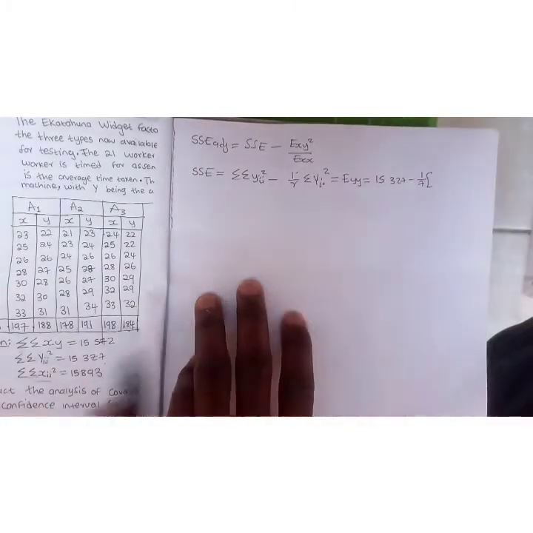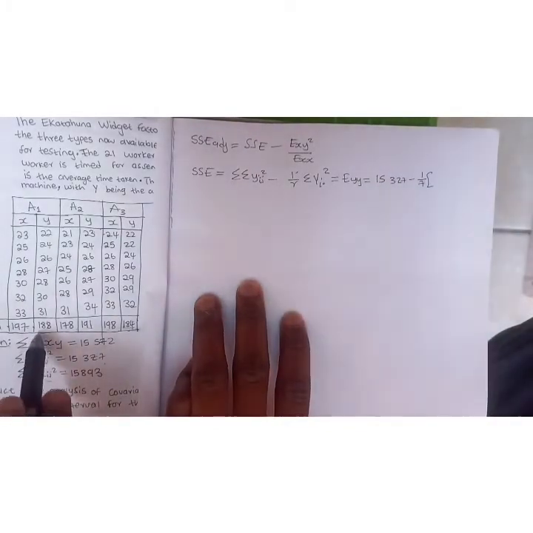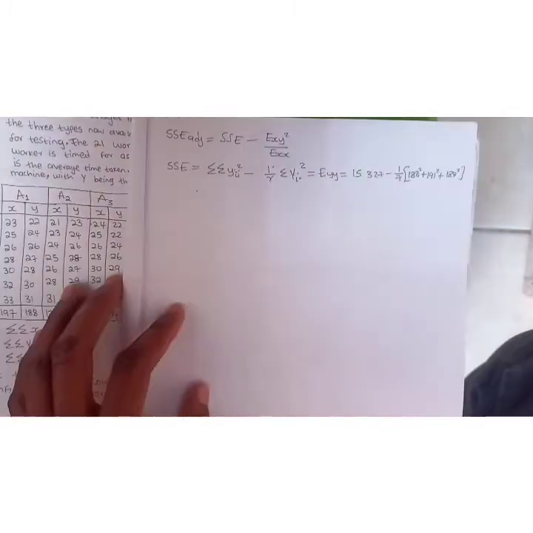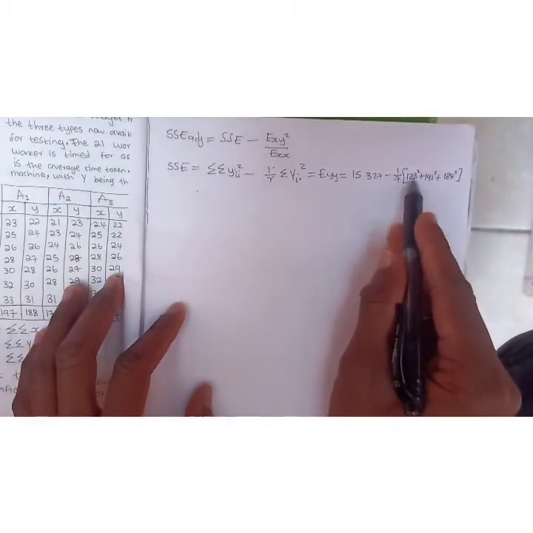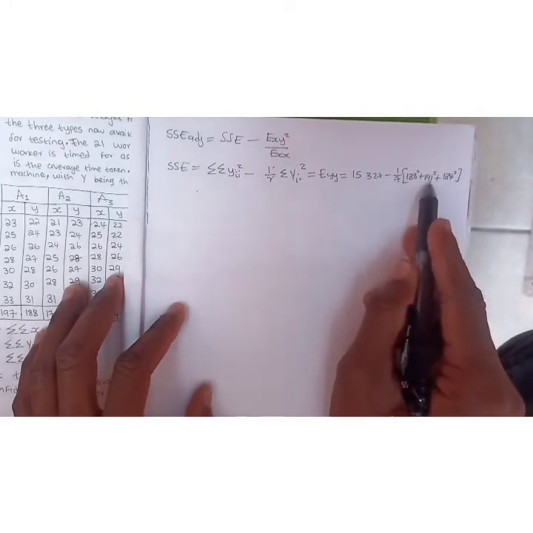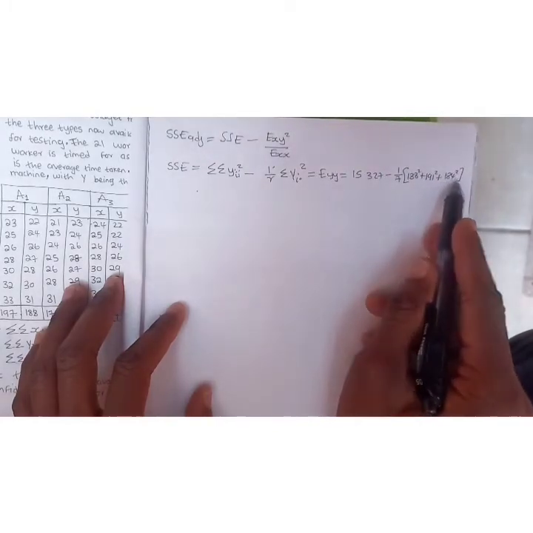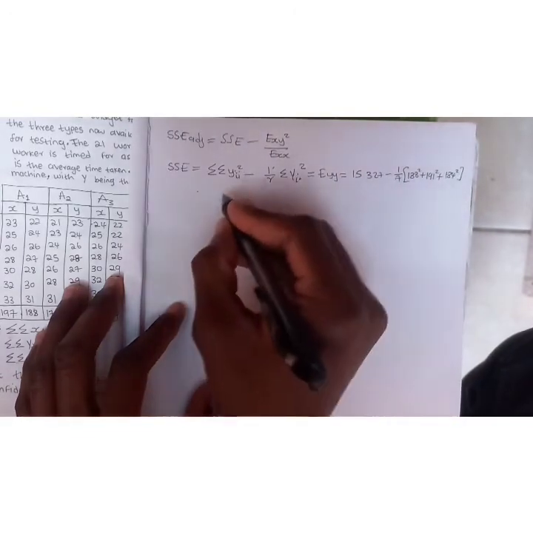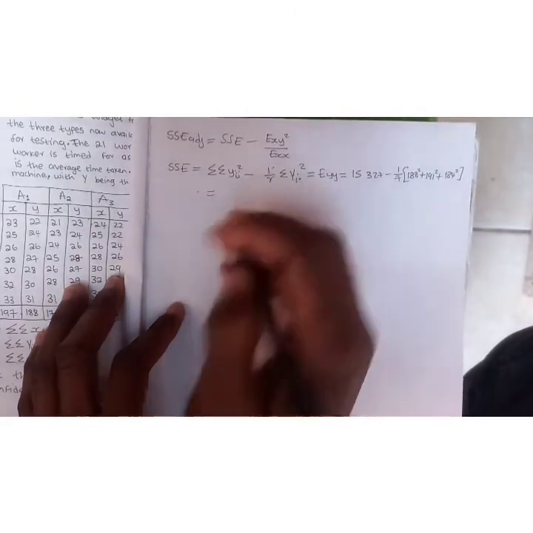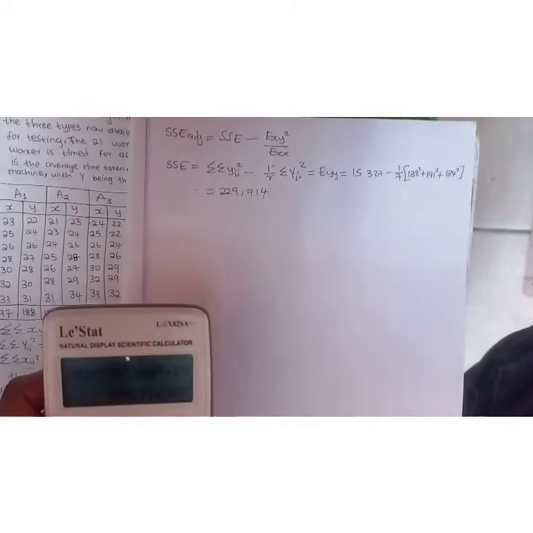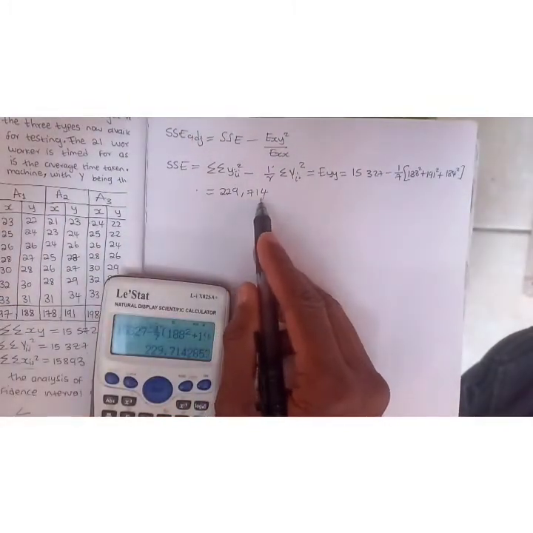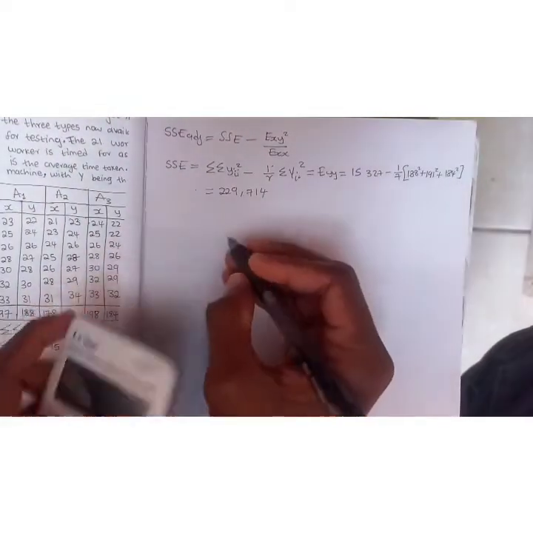Then we're going to take each value of total sum of y we square, then we add, so we know it. I mean 188 square plus 191 square plus 194 square. So the value we're going to get here will be our SSE, which is 229.714.